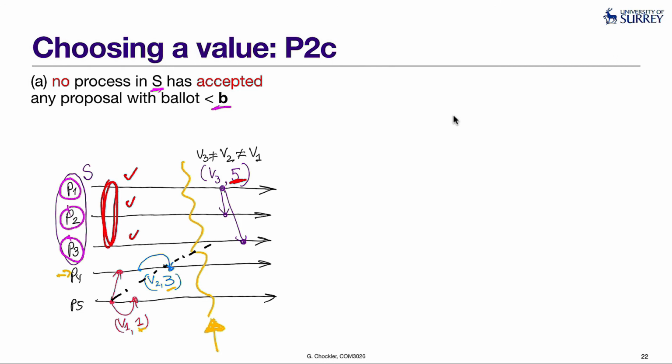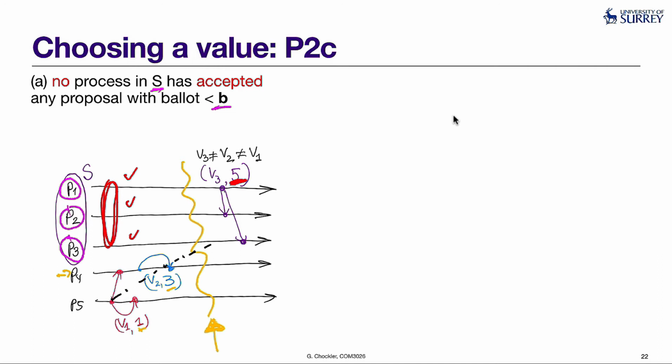And since we have a whole quorum without any proposals with ballots less than 5 accepted, we can safely assume that no proposal has been previously chosen, and then we can go ahead and just propose, for example, our own value.